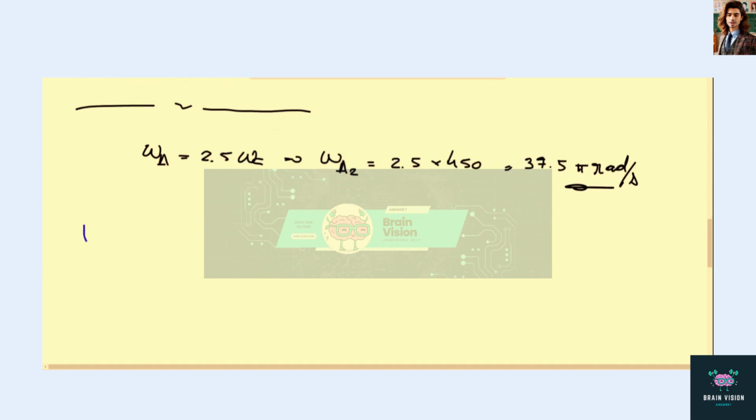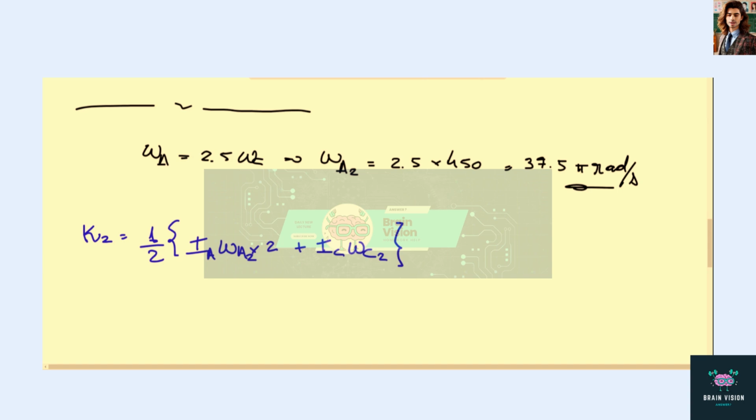Therefore, the kinetic energy in the position 2 is going to be equal to half of the moment of inertia of A omega A2 squared. We can multiply by 2 because it's equal to the moment of inertia of B plus the moment of inertia of C omega C2, and 2 in here. I forgot to put this index.